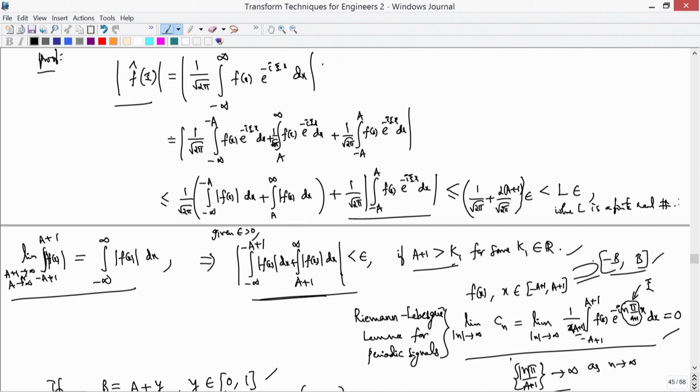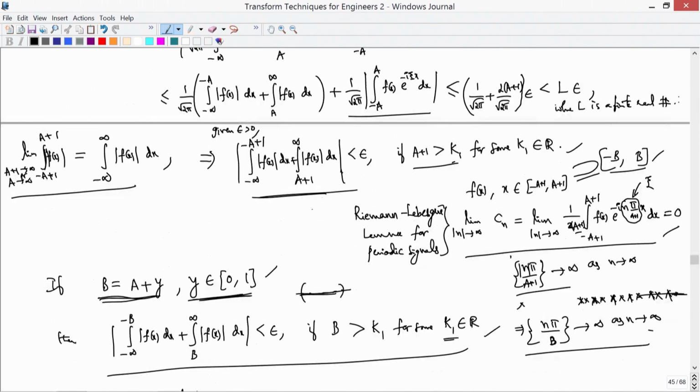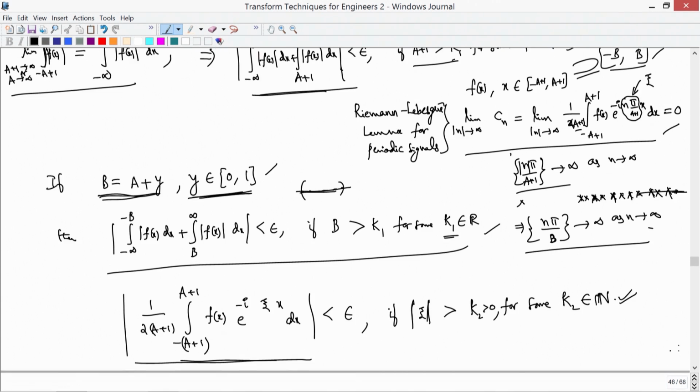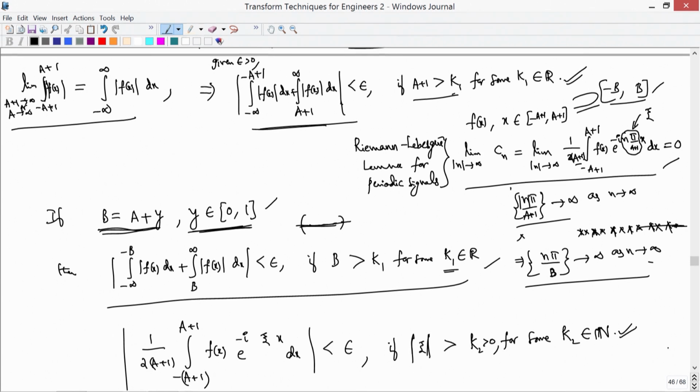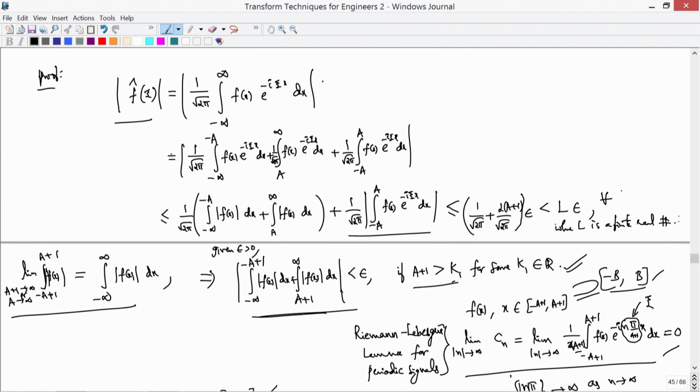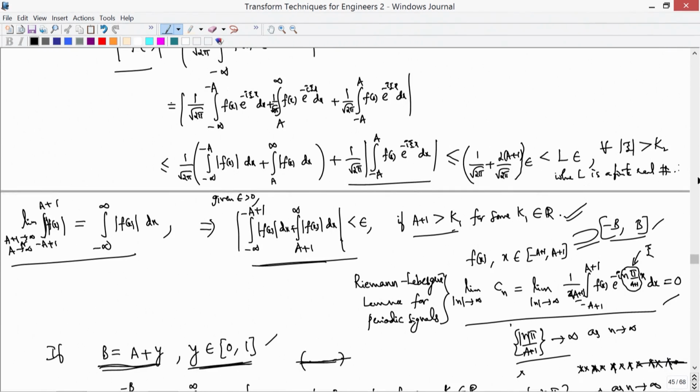So where is this valid? When this quantity is less than epsilon and this quantity is less than epsilon. That means it is valid for every mod xi bigger than some k2, and also k1.